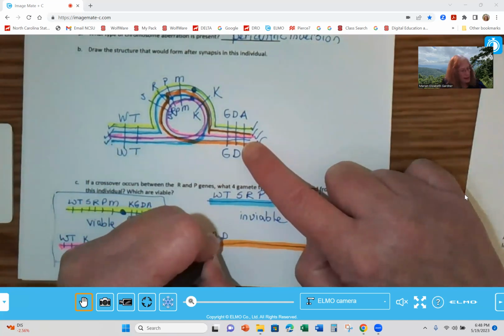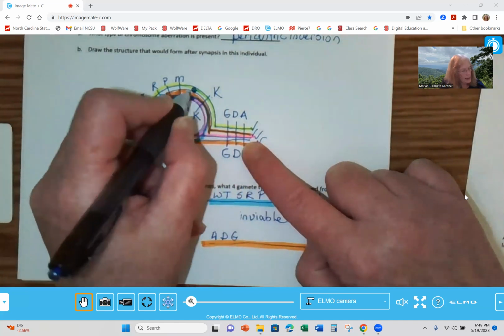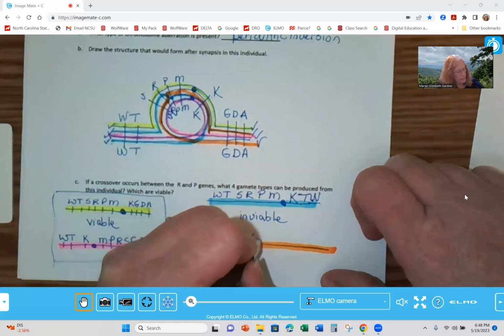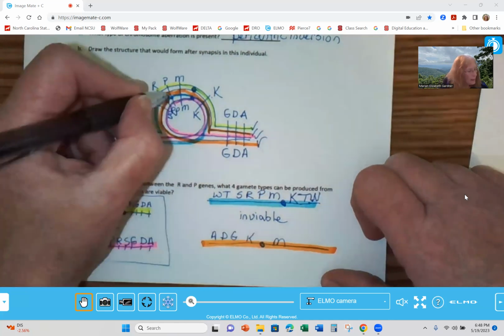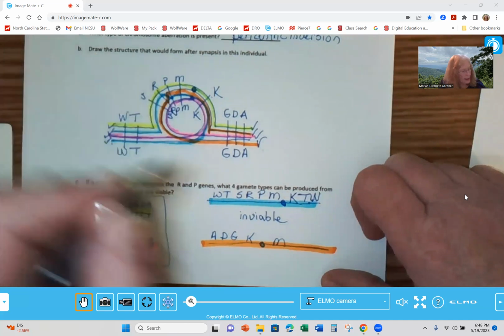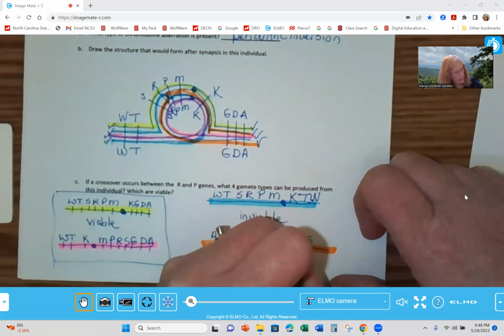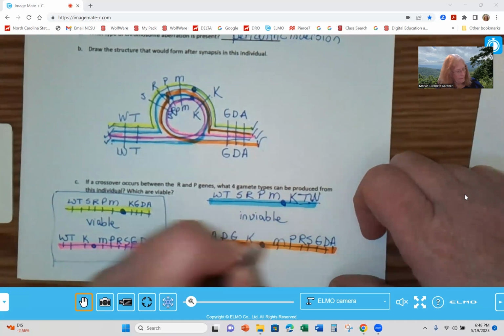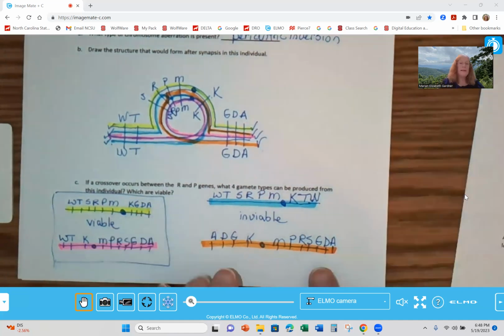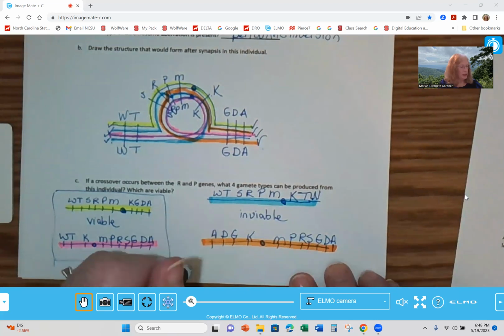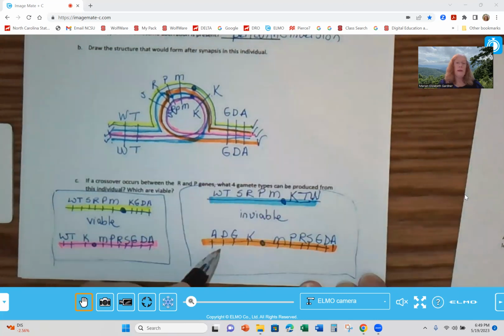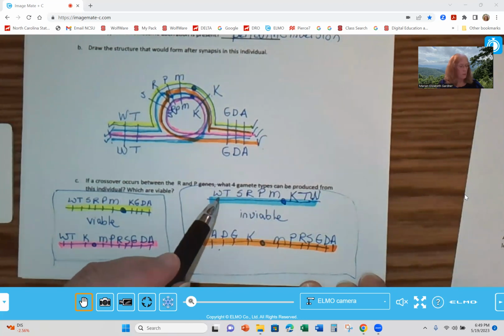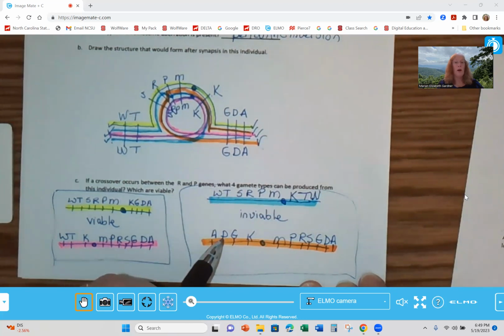A, D, G, K centromere M, P cross down RS, GDA. And it's not viable because there are 2 copies of A, D, and G. So these are each in different gametes. So 1 gamete type, 2 gamete types. Both of these are not viable. 1 gamete type, 2 gamete type, a second gamete type, both of these are viable.